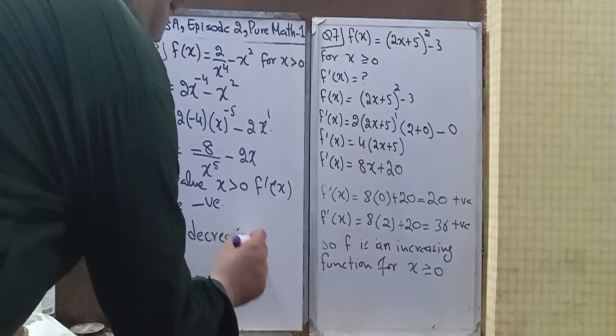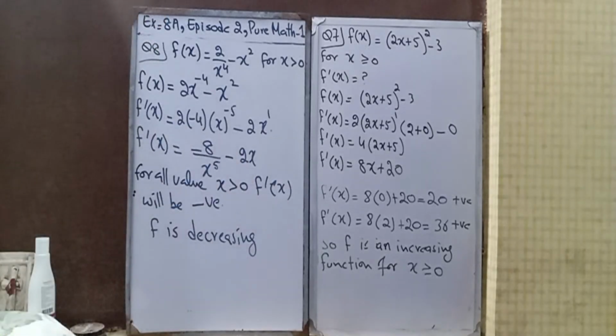You see, this is simple logic. We have to use the logic here. The expression of the derivative which you got here, minus 8 divided by x raised to power 5 minus 2x, and the x values which I can use here should be greater than 0, so they will be positive. There are two fractions here.